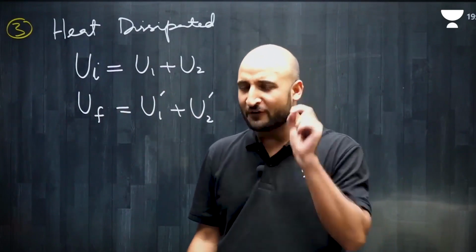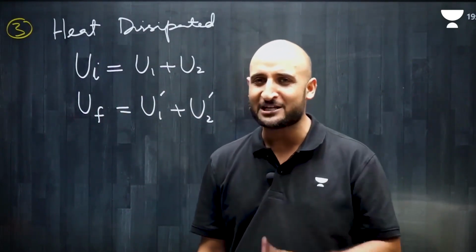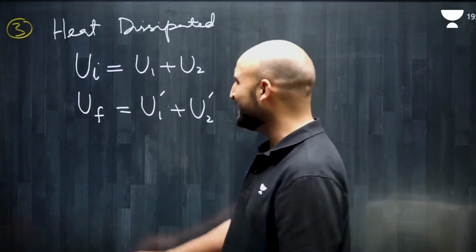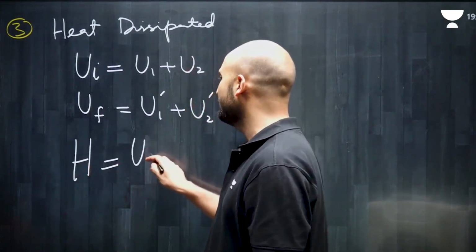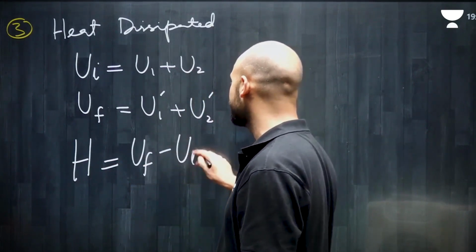That is the amount of energy which is actually dissipated in the form of heat. So the amount of heat dissipated here will be equal to U final minus U initial.